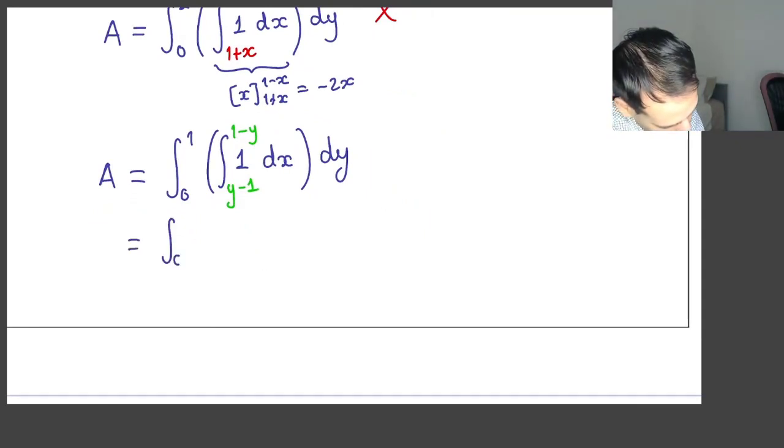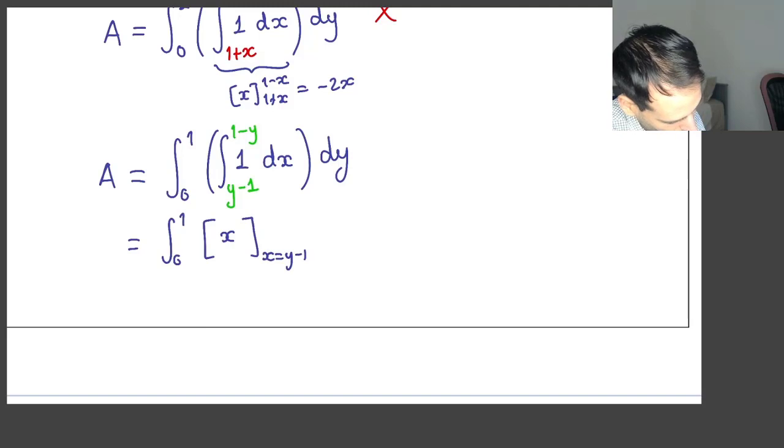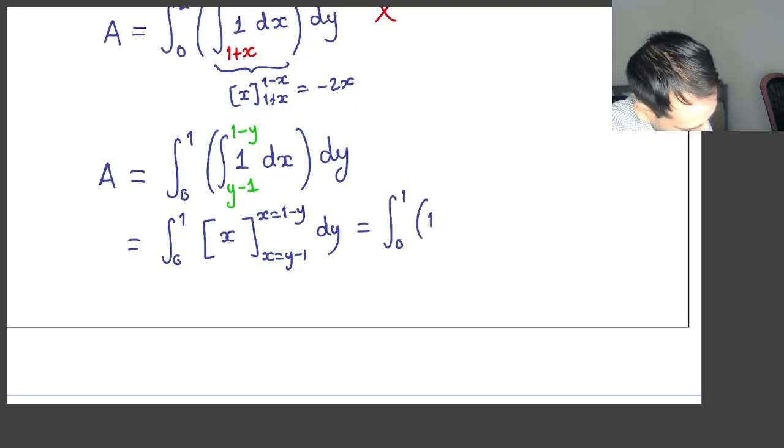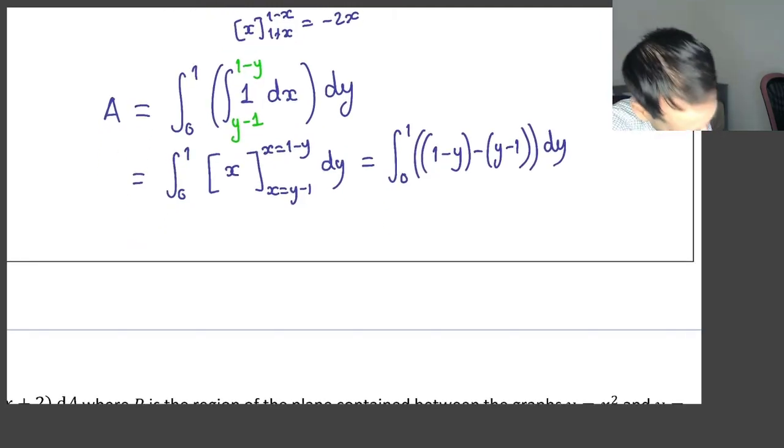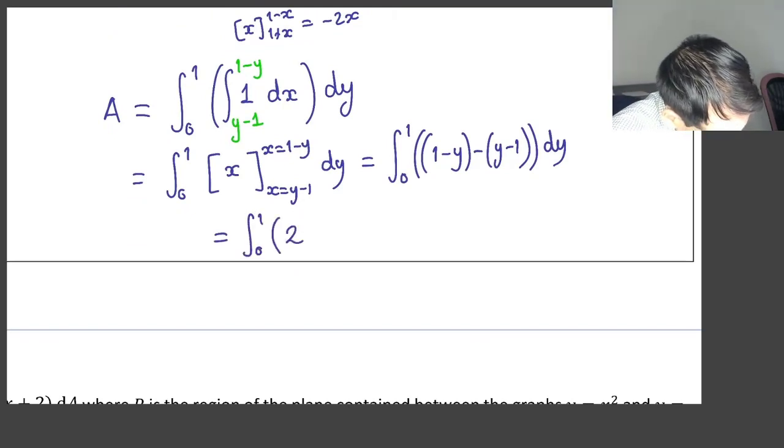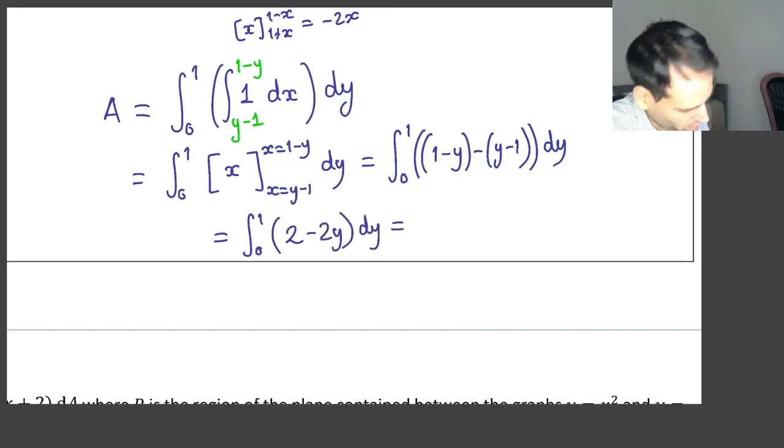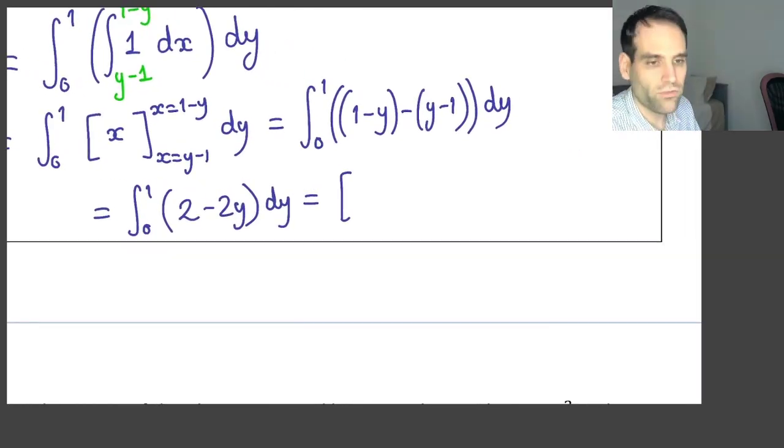So this is the integral between 0 and 1 of the integral of 1 with respect to x, which is equal to x, evaluated between x equals y minus 1 and x equals 1 minus y. So if we calculate that, that is equal to 1 minus y minus (y minus 1) dy, which is equal to the integral between 0 and 1 of 1 minus minus 1 is 2 minus y minus y, minus 2y dy, which is equal to the integral of 2 minus 2y with respect to y.